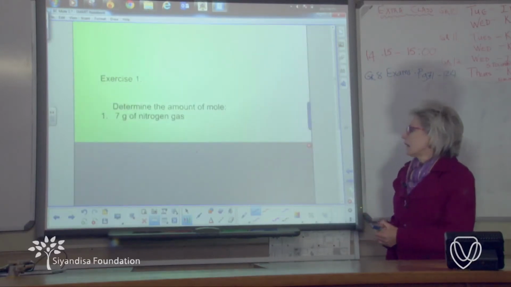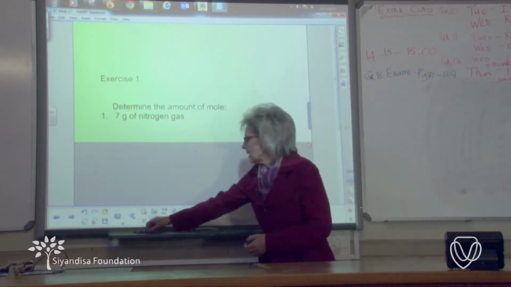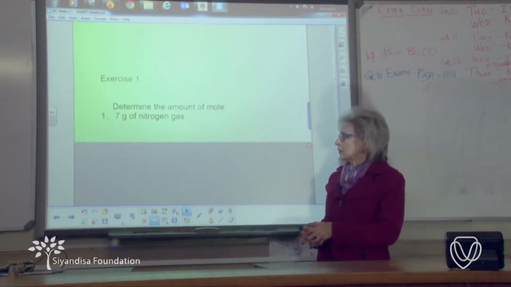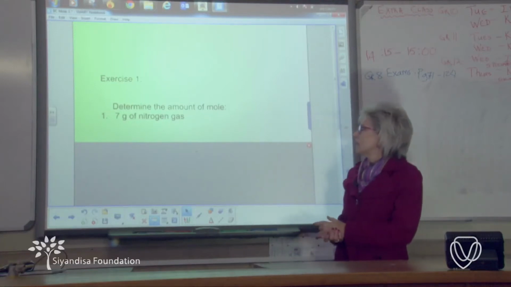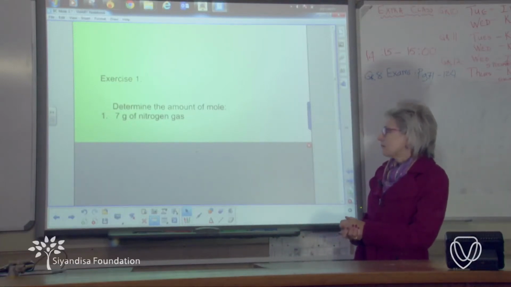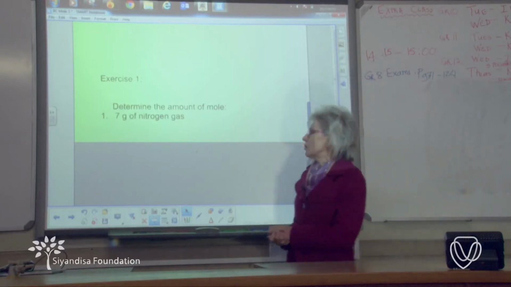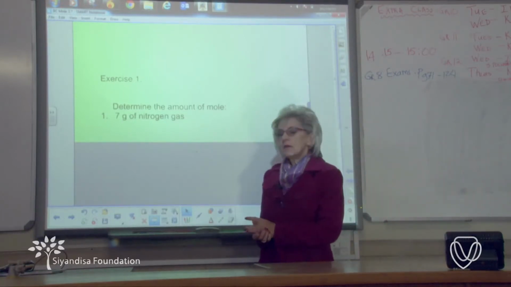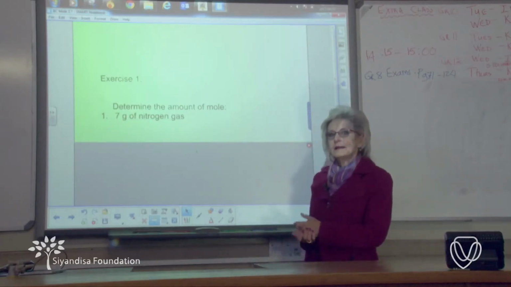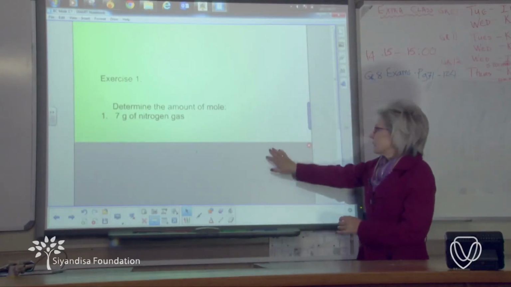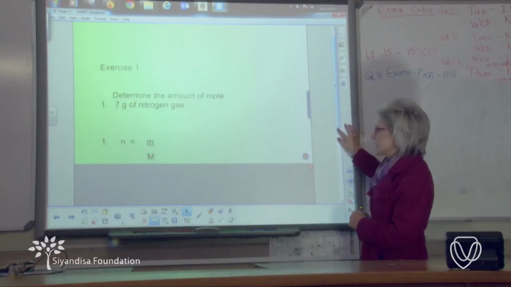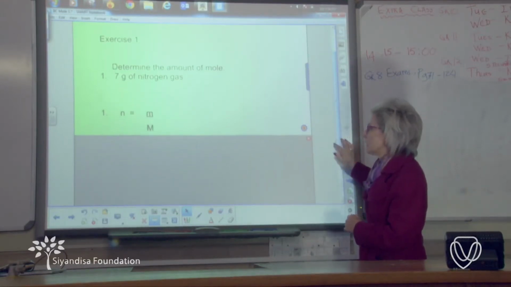So here, a very elementary question, which we cannot expect in grade 12 anymore, but we still use the basics. Determine the amount of mole if there's 7 grams of nitrogen gas. When the data given is in grams, you are going to use the formula that deals with mass, as in, mole is mass given or asked over the molar mass.